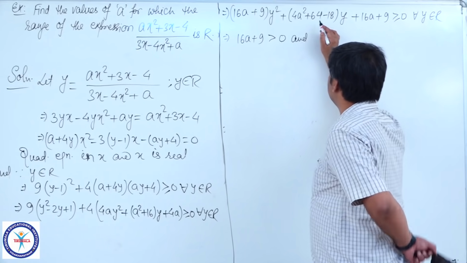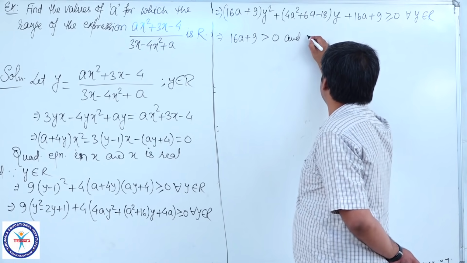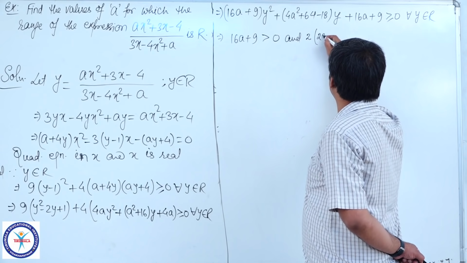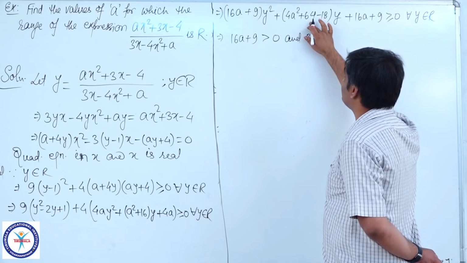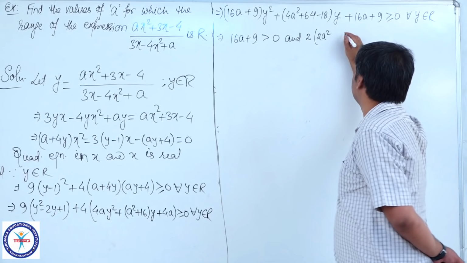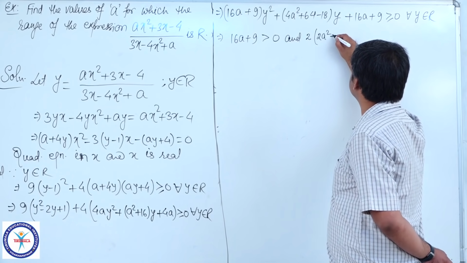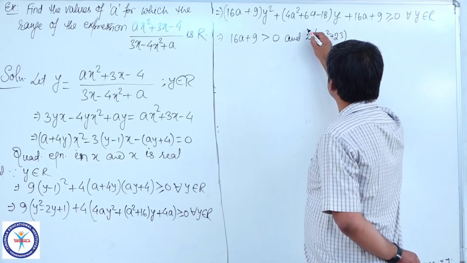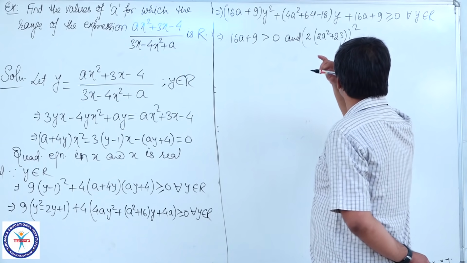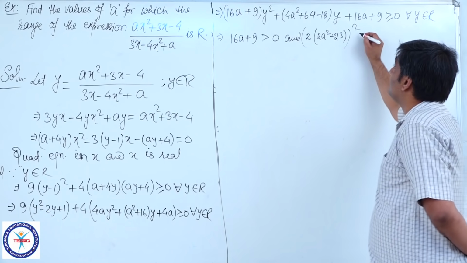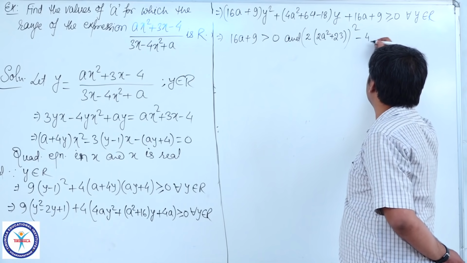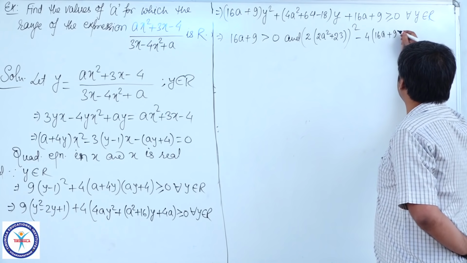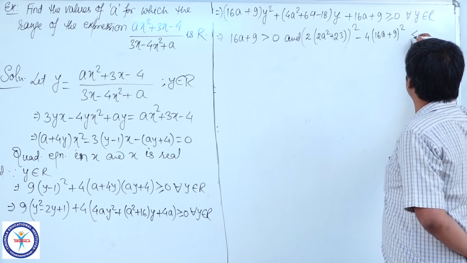So it is (4a square plus 46) whole square minus 4 into (16a plus 9) whole square less than or equal to 0.